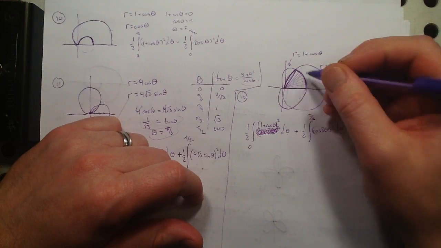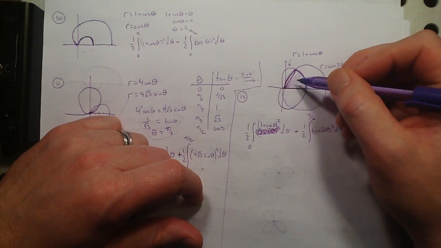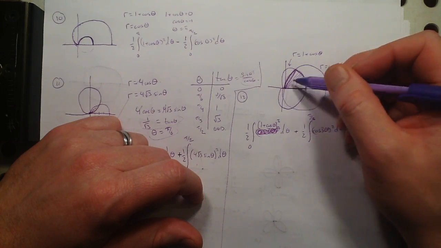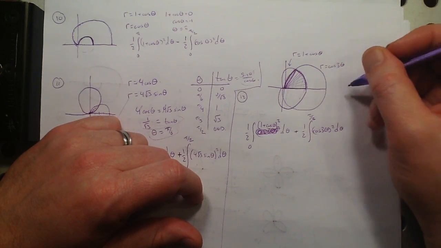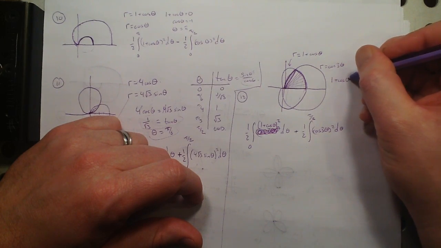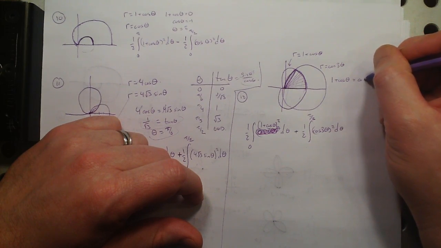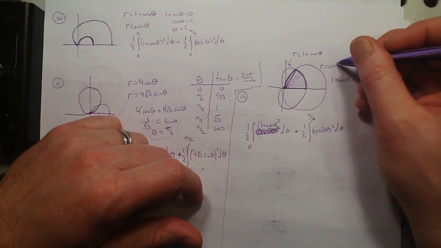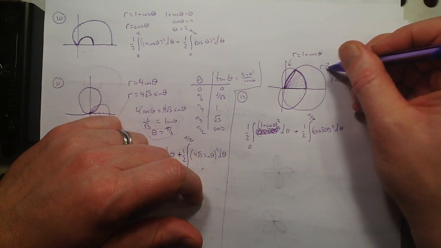And where do they intersect? I mean, if it's a nice angle, it looks like it's bigger than pi over 4, so maybe it's pi over 3, but we better figure that out for sure. So to find the intersection, I set them equal. Oops, that's not cosine 3 theta, it's 3 cosine theta.